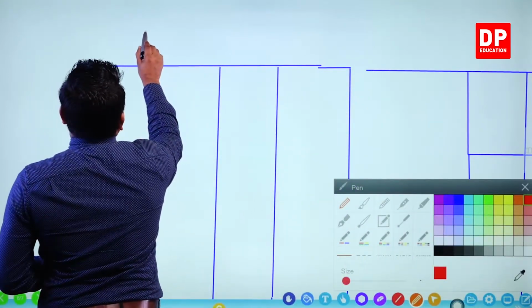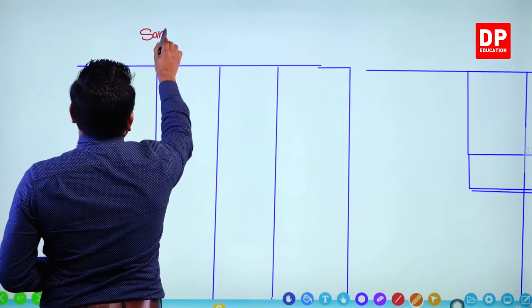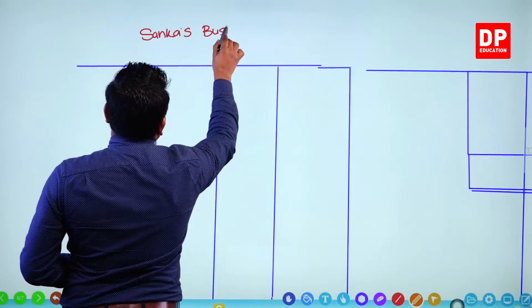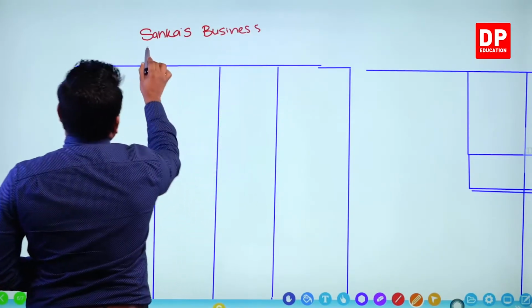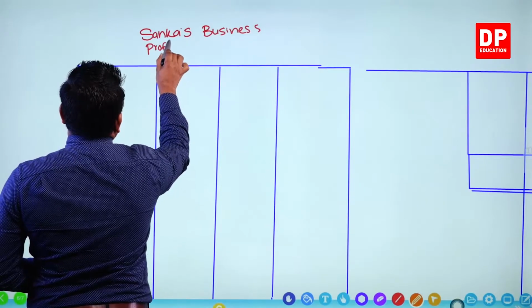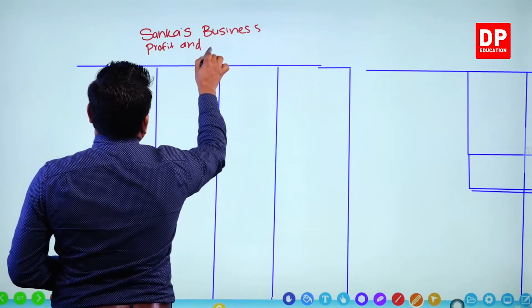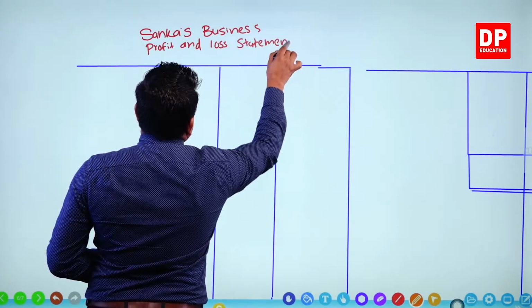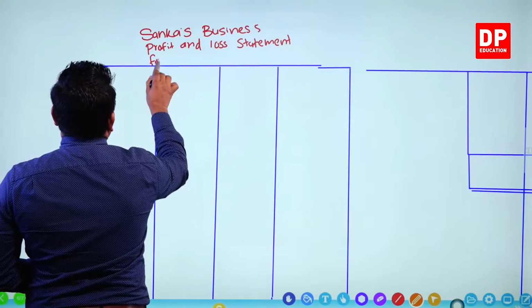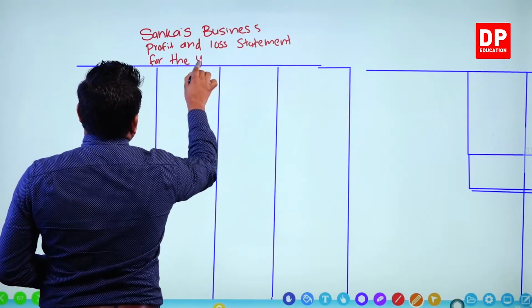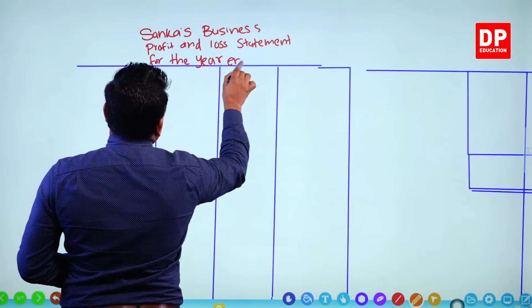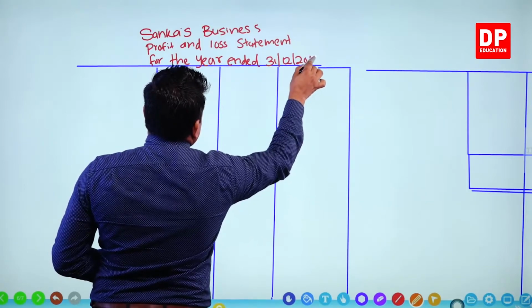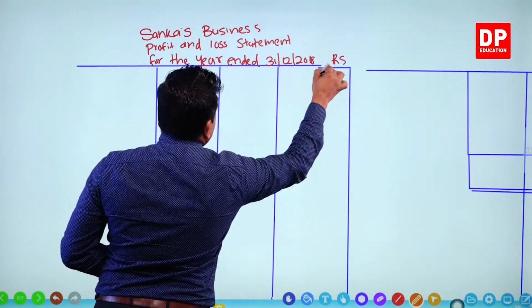Profit and loss statement, for the year ended, when? 31st December 2018. It is the time period, in rupees, right?